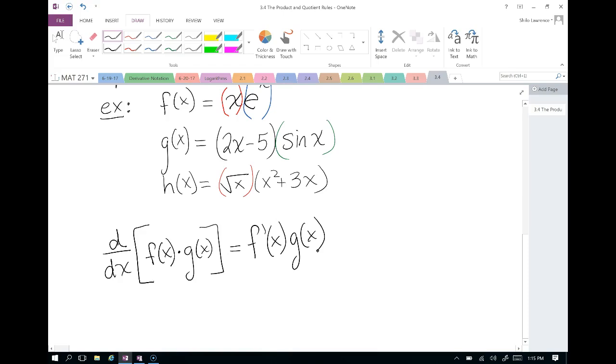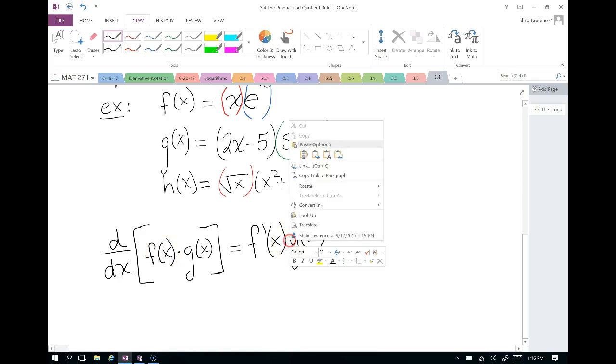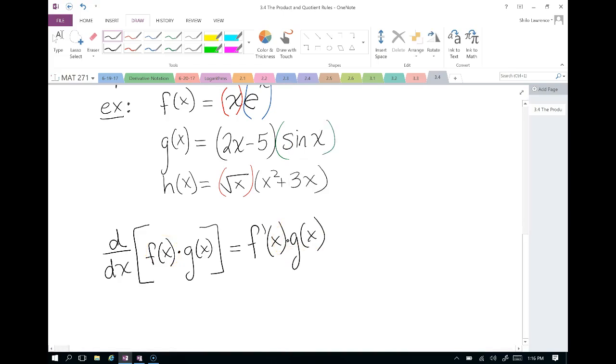And I like to start with the derivative of my first one because that is the pattern we're going to see with our quotient rule. So I do the derivative of the first times the original of the second. And then plus, and then I flip-flop it. Original of the first, derivative of the second.